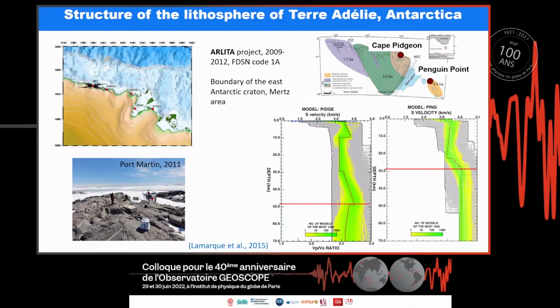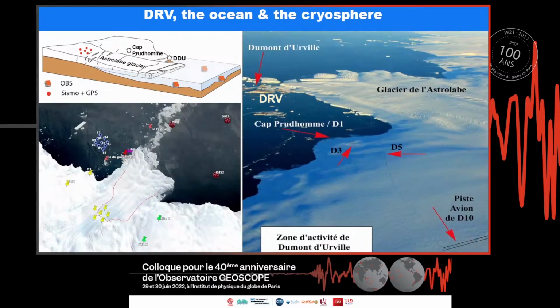We deployed a few temporary stations along the coast, particularly to measure the velocity structure in the crust and the depth of the Moho in different places, and also some anisotropy measurements in this area. But now I'm focusing on the activity of the Astrolabe Glacier, which is very close to the Durand station.